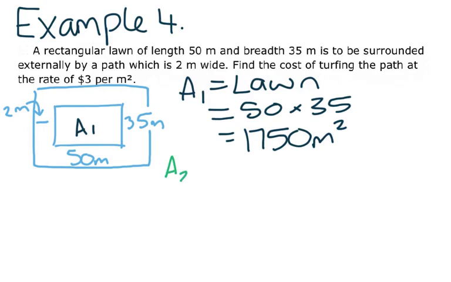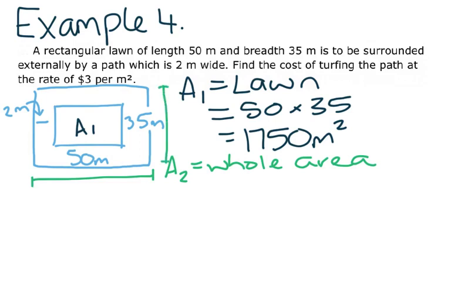So this is area 2, whole area. So what that means is we actually need to know the measurements for this part and for this side here. So if we have a 50 metre long section of lawn plus a path that is 2 metres wide either side, it would mean that this would have to be 50 plus 2 plus 2, which would give us 54 metres, because you've got 2 metres to here, the 50 there, and then 2 more metres this side.